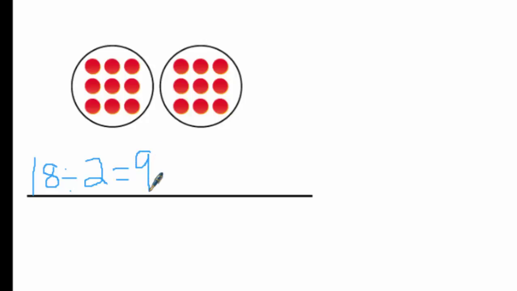Put your hand on top of your head if you wrote that. Good, I see a lot of hands on their heads. How many of you wrote 18 divided by 9 in each group equals 2? Okay, a few of you. Most of you, I think, did the 18 divided by 2 equals 9.